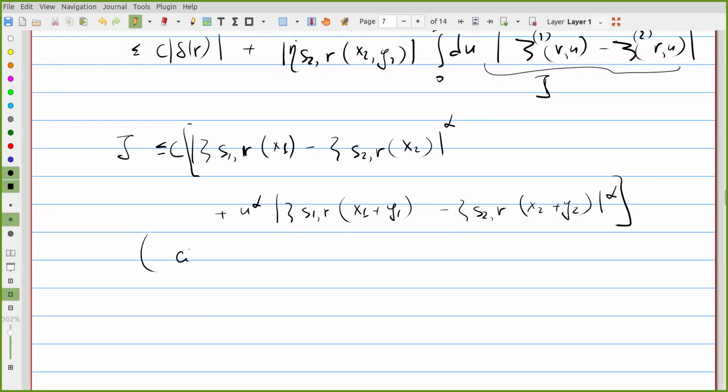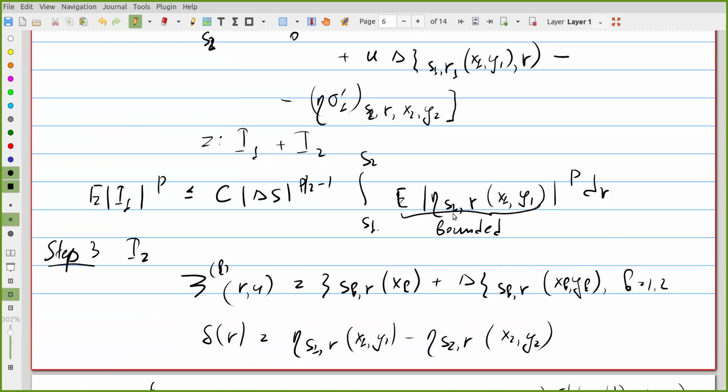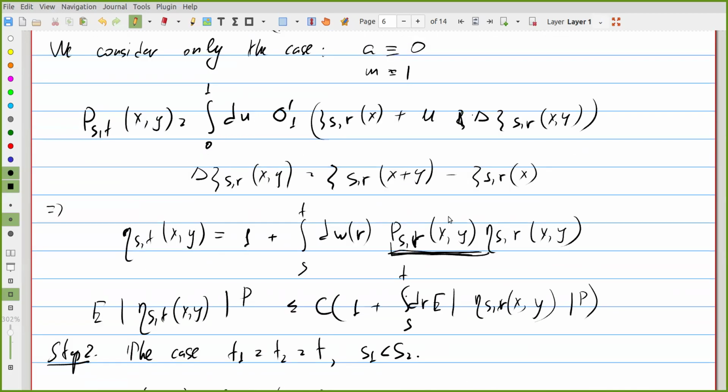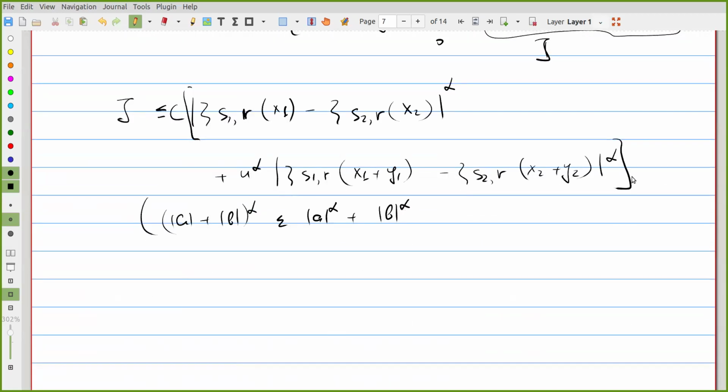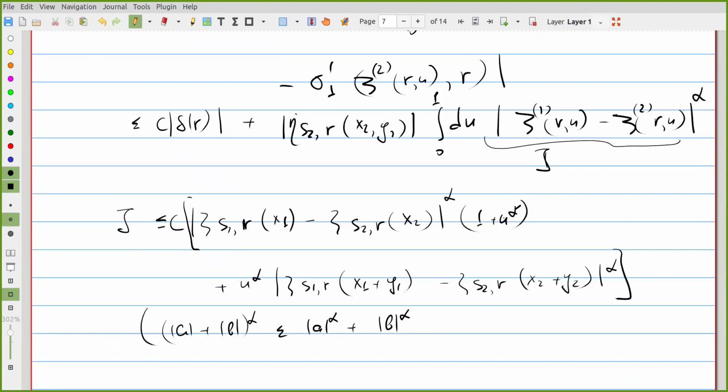This is because for alpha less than 1, this is just alpha b. And this difference is the difference of these two expressions. So this is calculated. Maybe here should be 1 plus alpha, something like that. It doesn't matter. We integrate with respect to u and get rid of these terms. They don't influence anything.